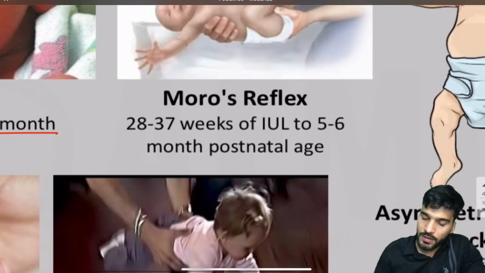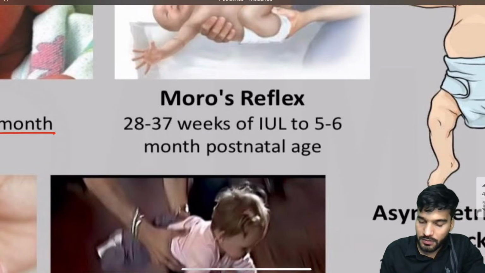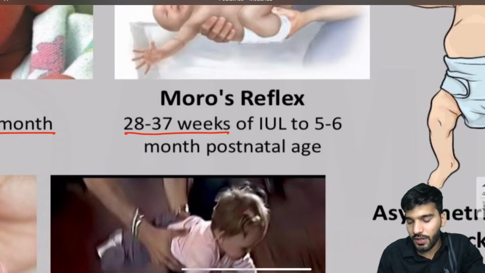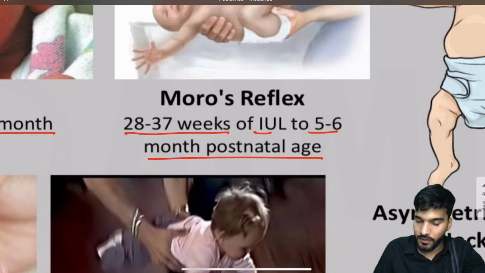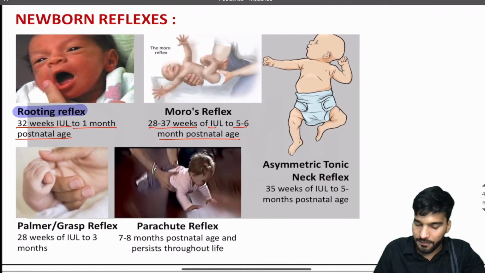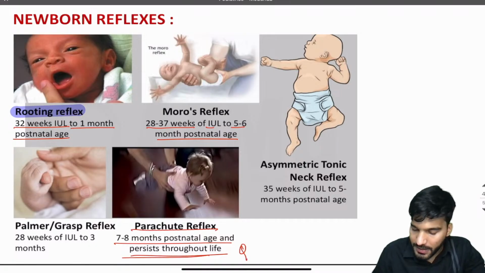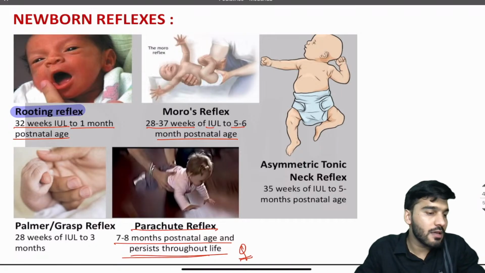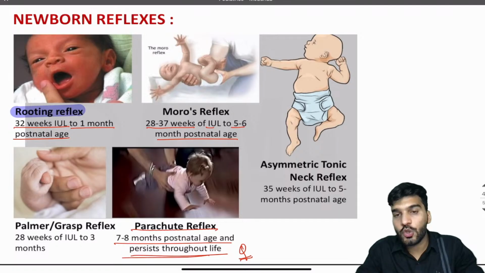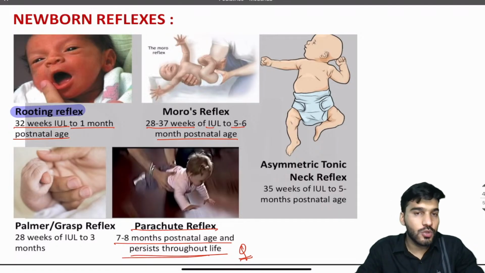Next, the Moro reflex: 28 to 37 weeks of intrauterine life to 5 to 6 months postnatal age. Then the parachute reflex: 7 to 8 months postnatal age, and it persists through life. This can be the question asked: which reflex persists throughout life? Your answer is parachute reflex.